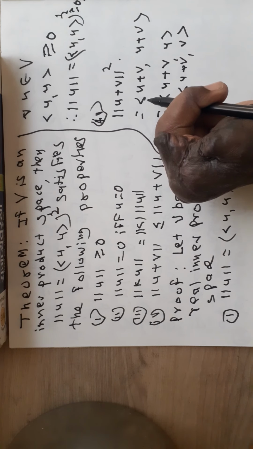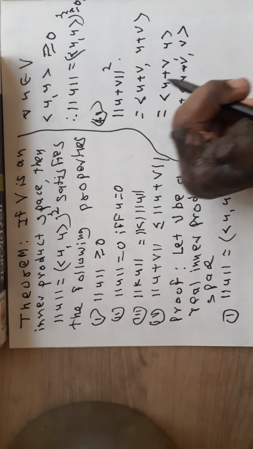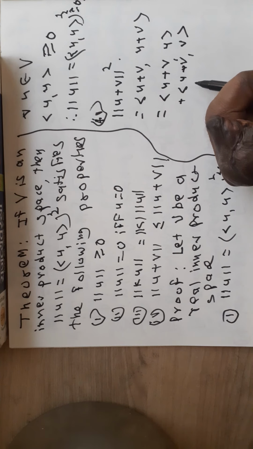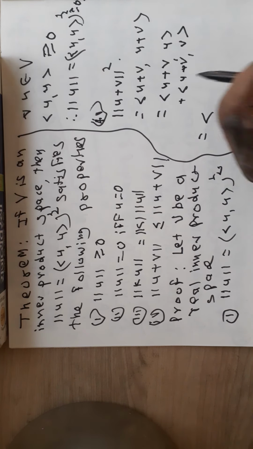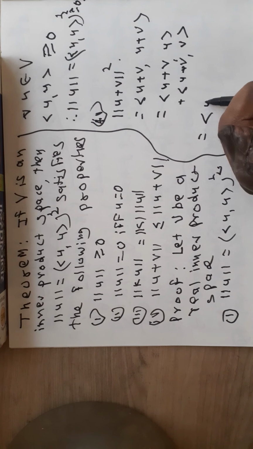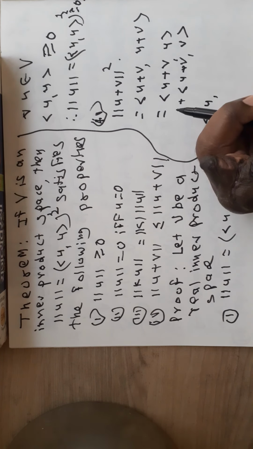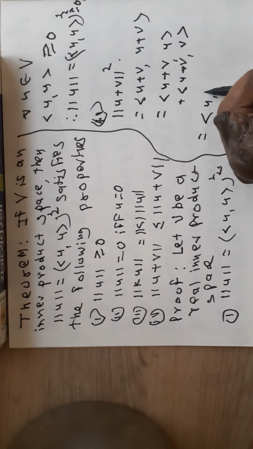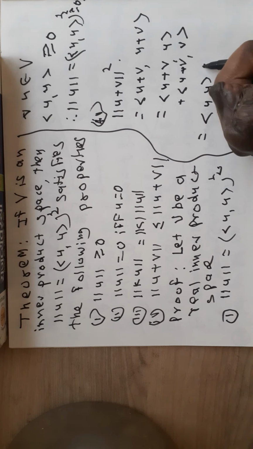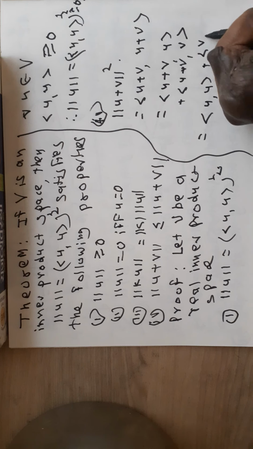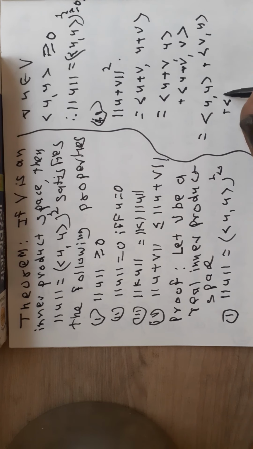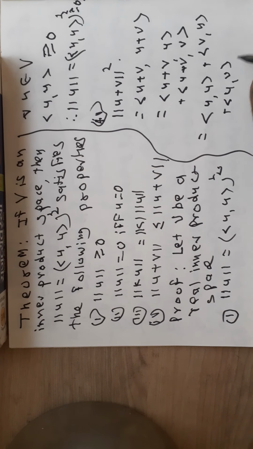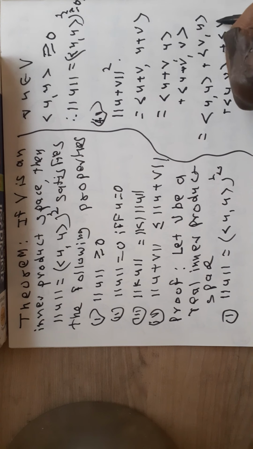Now the first term is equal to angle bracket u comma u plus angle bracket v comma u, and the second is equal to angle bracket u comma v plus angle bracket v comma v.